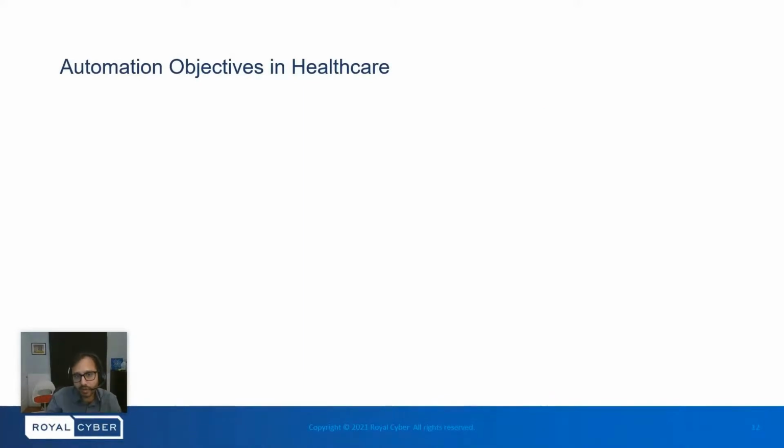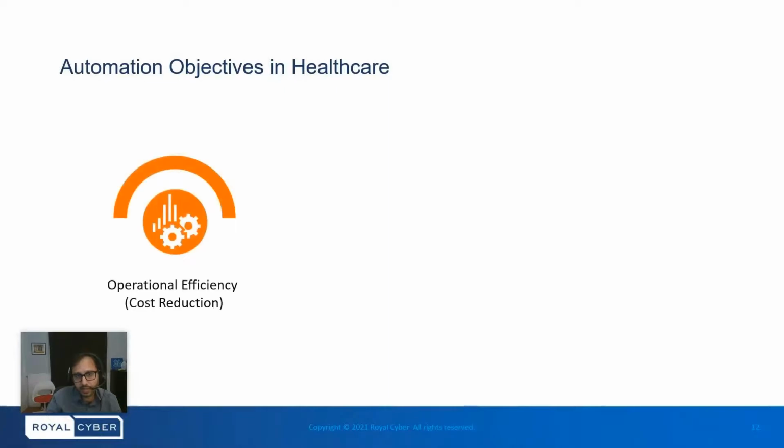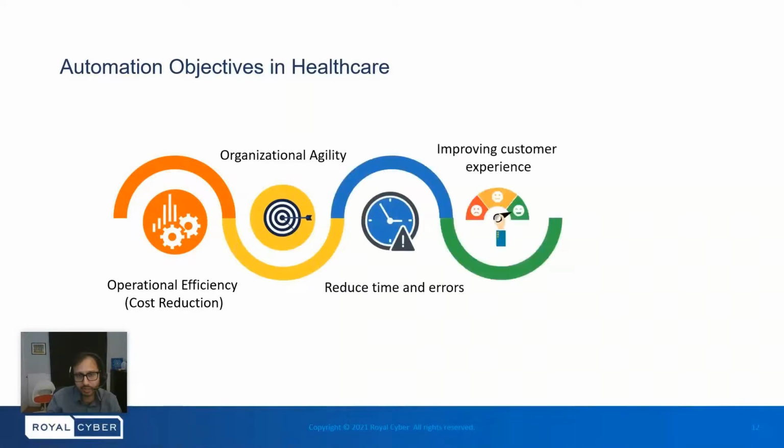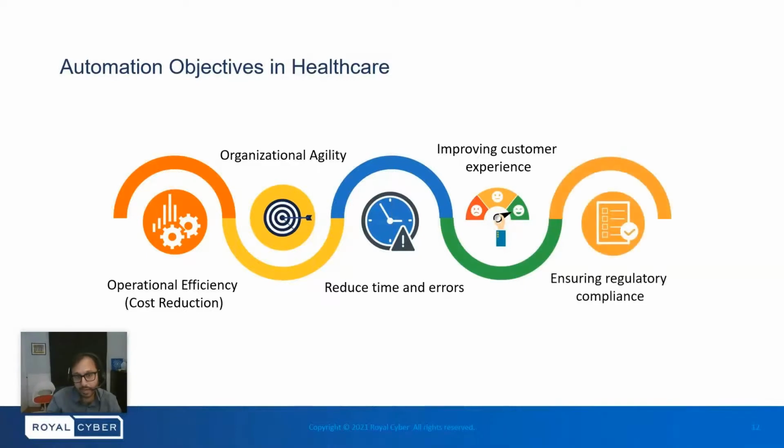The goals of automation in healthcare can be operational efficiency, operational agility, reduced time and error, improving customer experience, including partner or employee satisfaction by reducing turnaround time and making the process more streamlined. And it can be things like ensuring regulatory compliance.